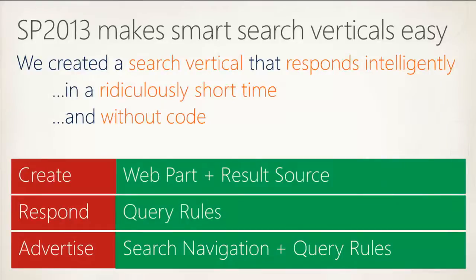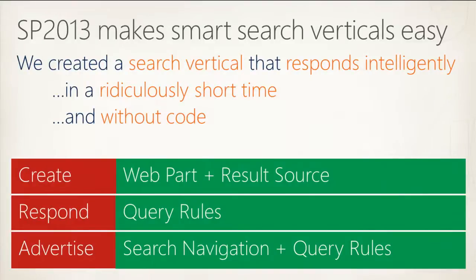For you devs in the audience, it means that you can spend your dev cycles building cool apps on top of this infrastructure. Right? We've got all this stuff here all ready for you. You just have to worry about your own business value and your own app value. Okay? And all you have to take away is that when it comes time to create a new search experience, a web part is the face, and a result source is the heart.